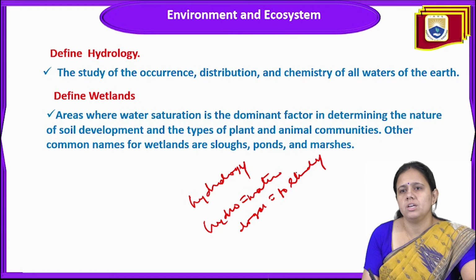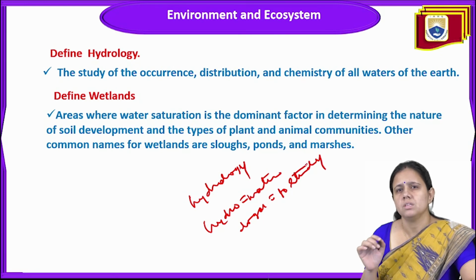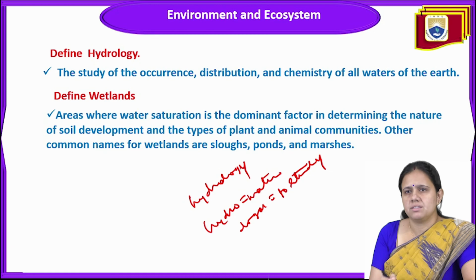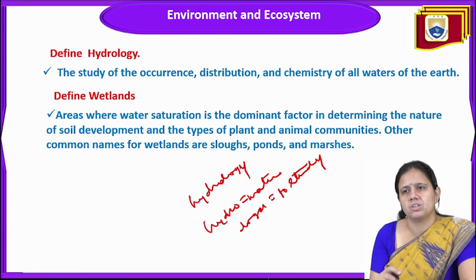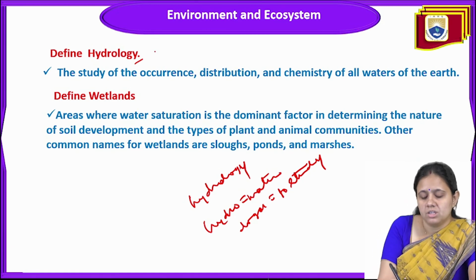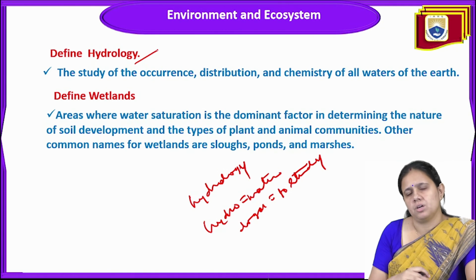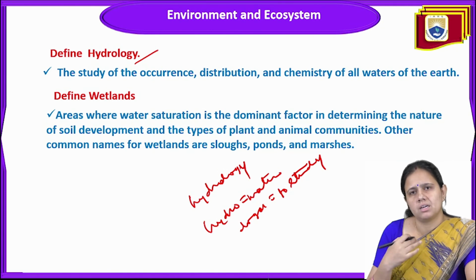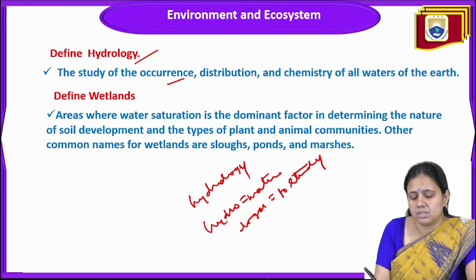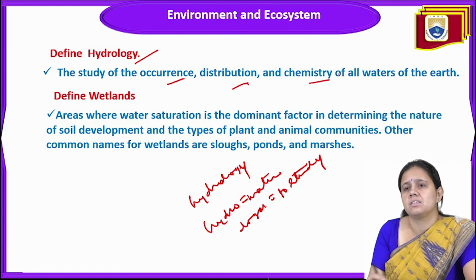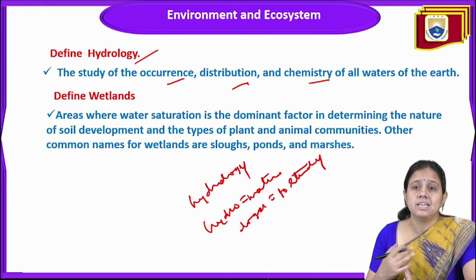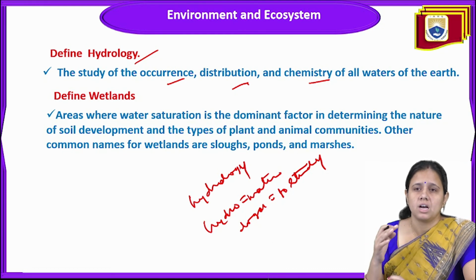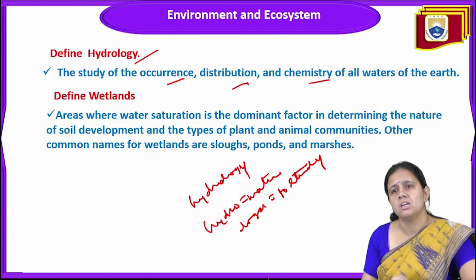So the study of the occurrence, distribution, and chemistry of water on the earth is called hydrology. That field of environmental science that deals with the occurrence of water, its distribution, and water chemistry all over the earth's surface is called hydrology.